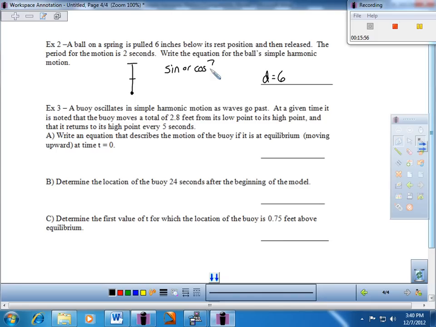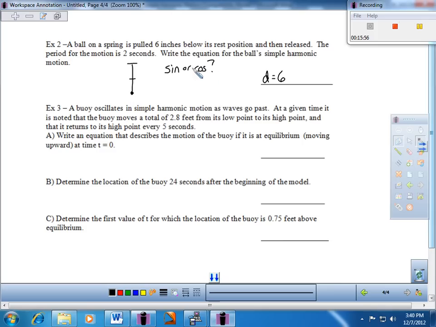Pause the video for a moment and think about where the starting value is and which one we are going to use. Okay, what I see, everybody, is we are starting at what I would call the minimum, all the way down at the bottom. If we're starting at a minimum, we're going to want to use the old flipped cosine function.